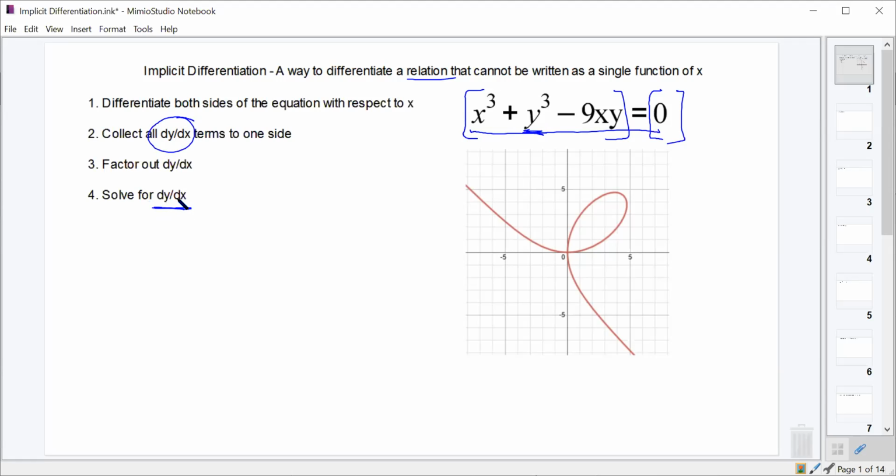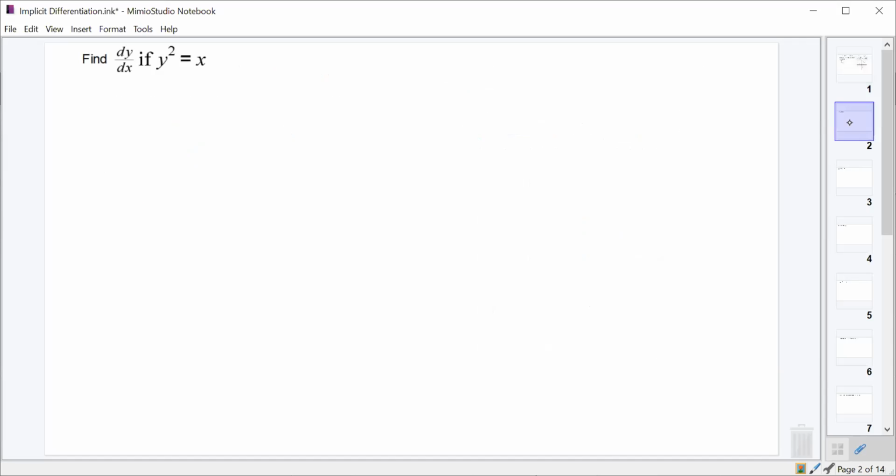So hopefully that makes sense. We're going to start not with this one because this one's a little bit complicated. It's not real complicated, but more complicated than it could be. And we're going to start with a nice easy one and see how this works out. So we want to find dy dx if y squared equals x.